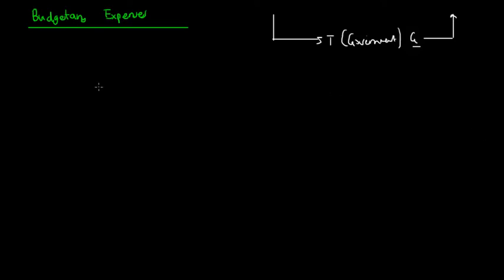Okay, so we can classify these budgetary expenses into two separate categories. We can classify it into one, G1 spending, and this is all current or day-to-day expenses.